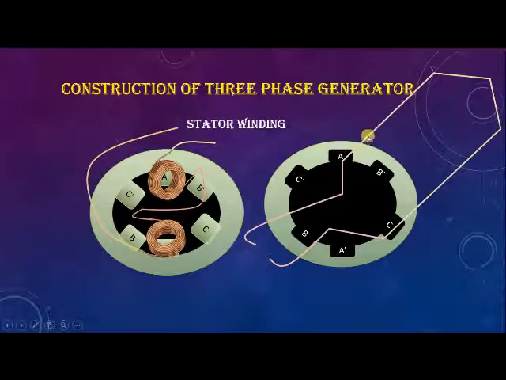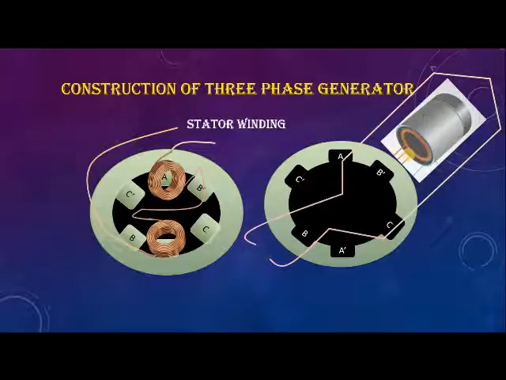Say from A we have the first conductor, and the second conductor should go to A dash. This portion is the overhang portion, and these are the end connections of the coil. So we have to assume cylindrical construction. Just imagine it will be a cylinder. The stator core will be a cylinder.